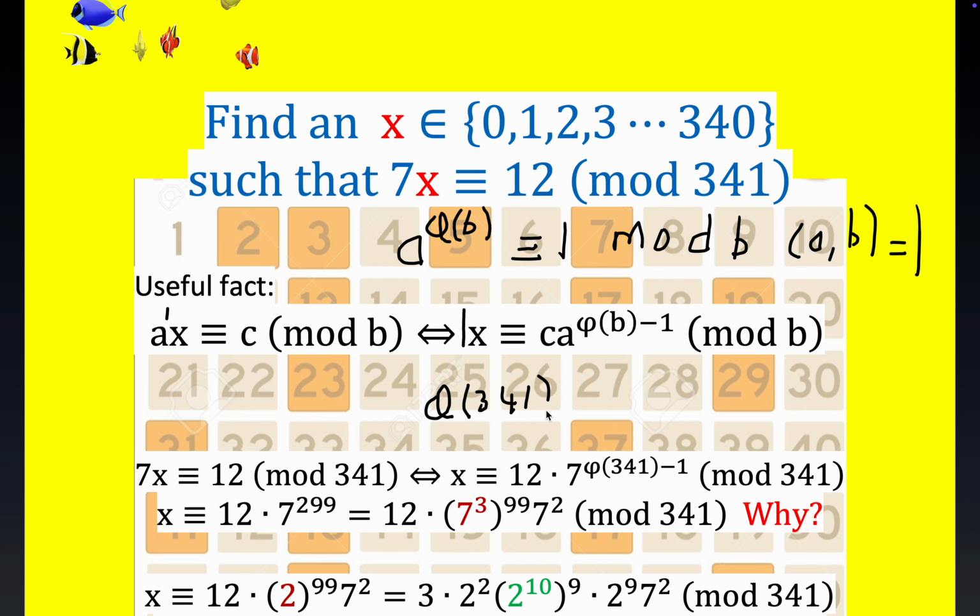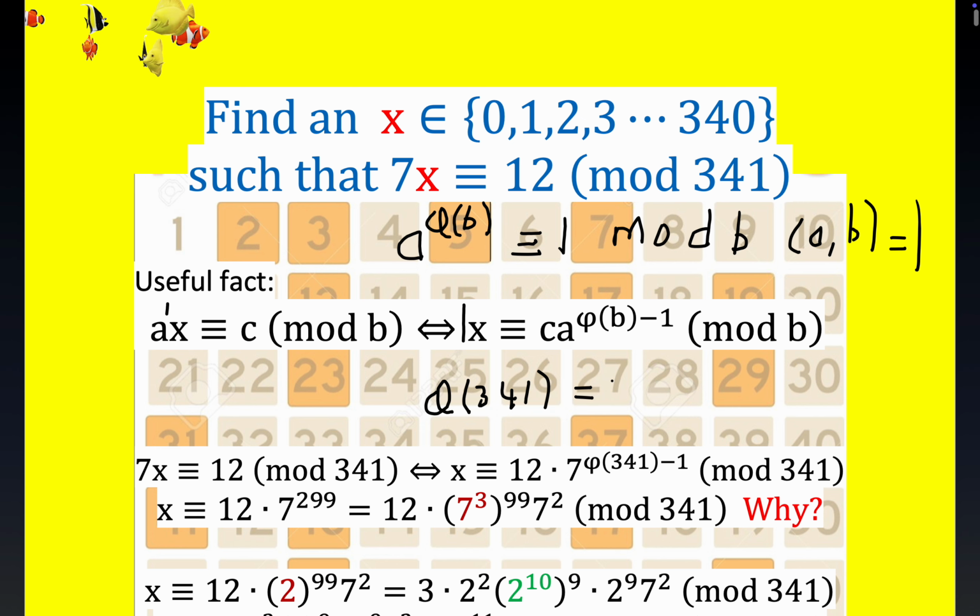So this is equal to 341 times, and what I'm going to write down here, folks, is the reciprocals of the prime factors of 341. They happen to be 11 and 31.